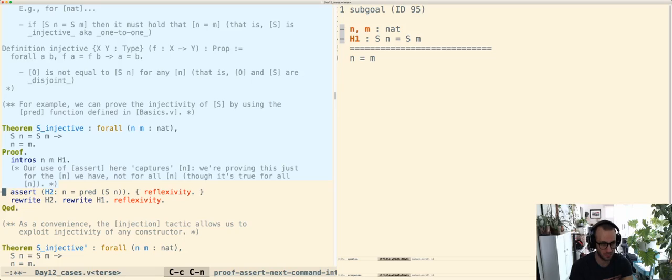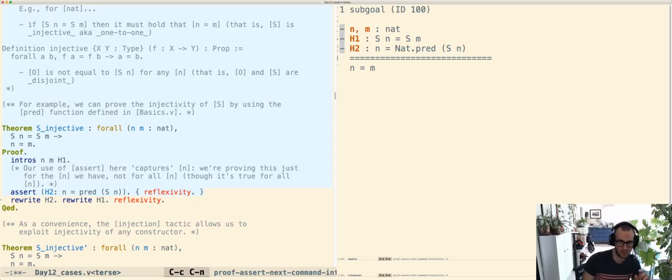So this is true. n is going to be equal to the predecessor of successor of n. Great. Now can we prove this? Sure. This is just by reflexivity. So this gives us a hook now. Let's rewrite by h2. Let's rewrite by h1 to change that S of n to S of m in the goal.